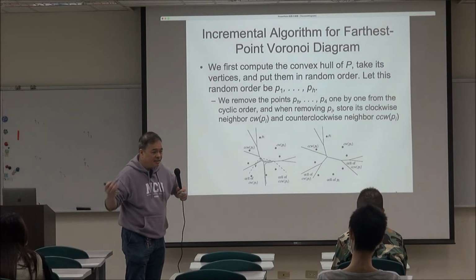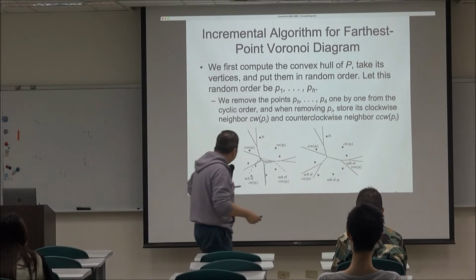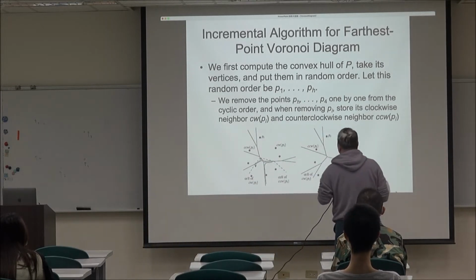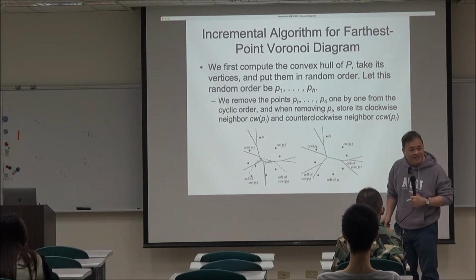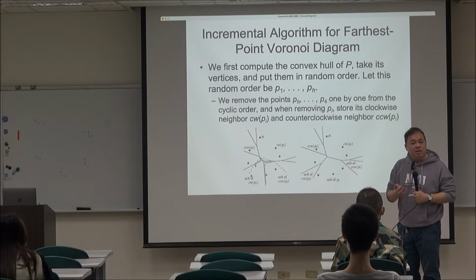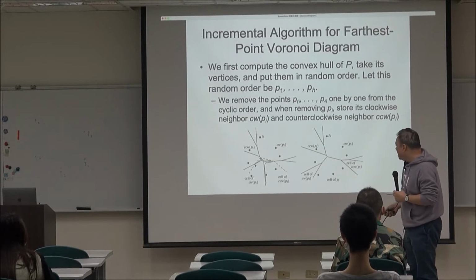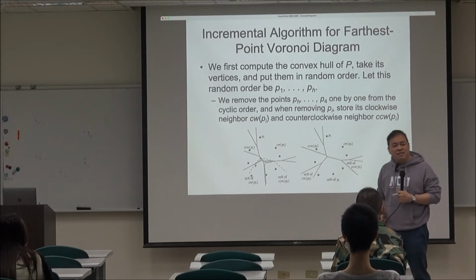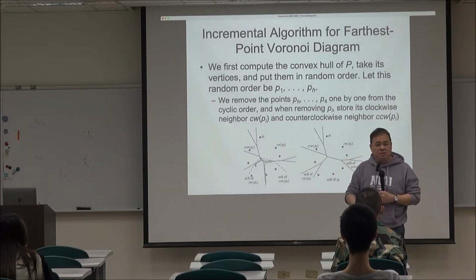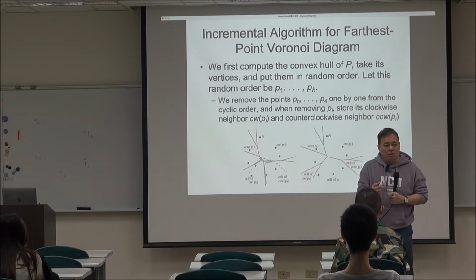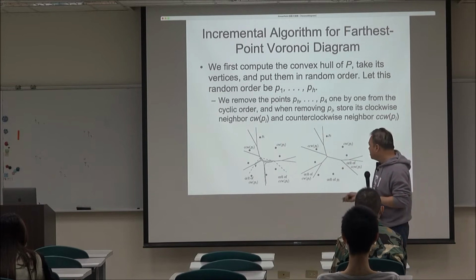Now, remember we removed all the points up to P4, so only 3 sides are left. And if you only have 3 sides, the construction of the farthest point Voronoi diagram is very easy. Okay, only 3 sides.